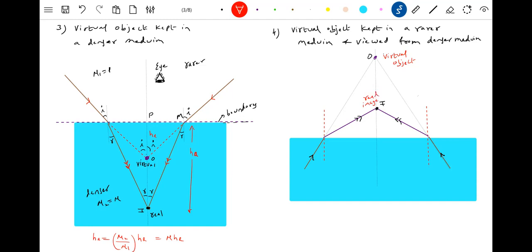Real image. So this is P, this is N. Mu2 equal to mu, mu1 equal to 1. This is a rarer medium. This is a denser medium.